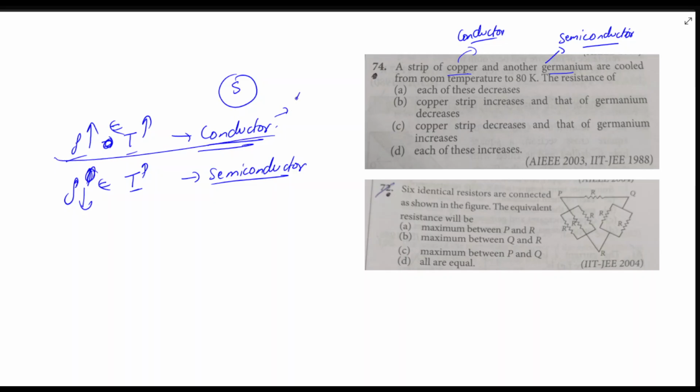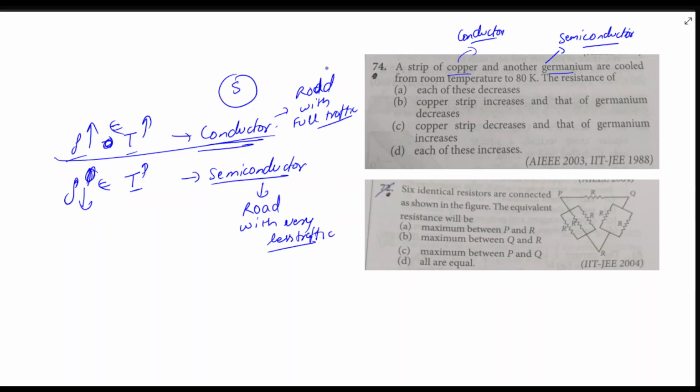You can think of this as a road. A conductor is a road with full traffic, bumper to bumper.